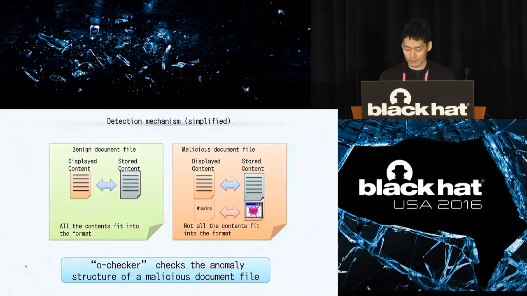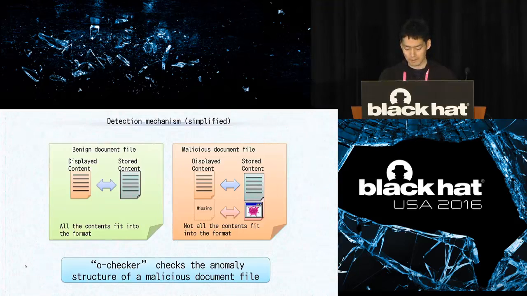In the case of malicious document files, executable files and decoy document files are forcibly pushed into the document file. But this extra data is not displayed by document processing software.